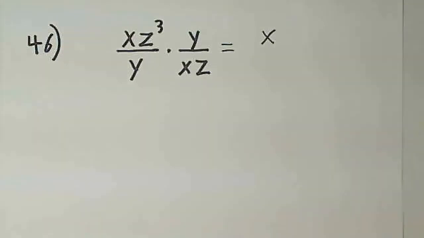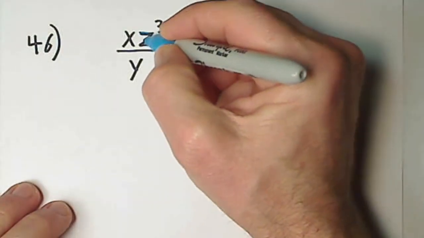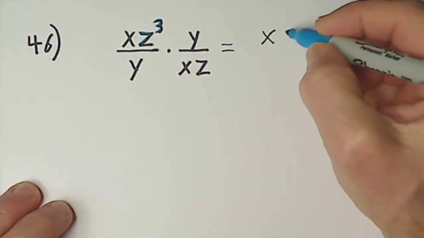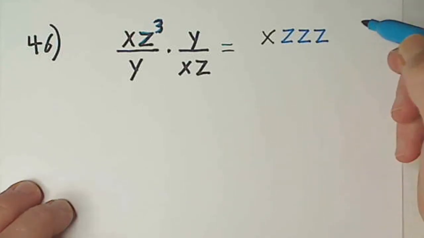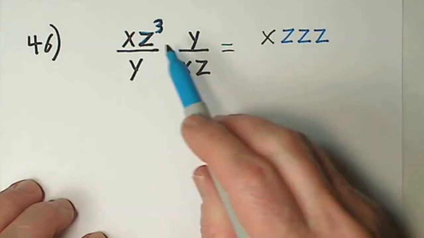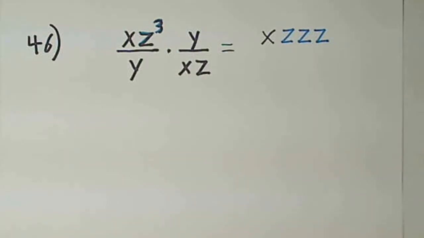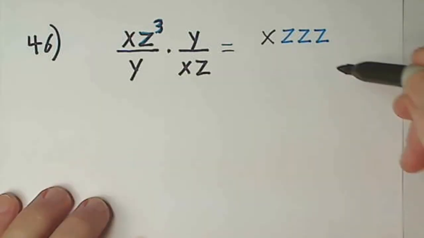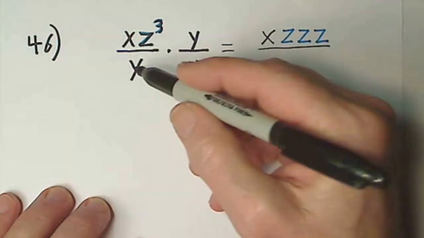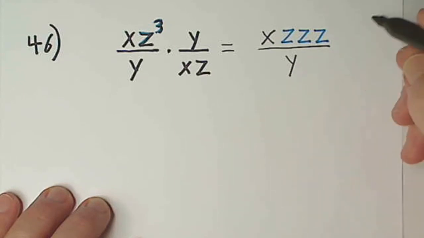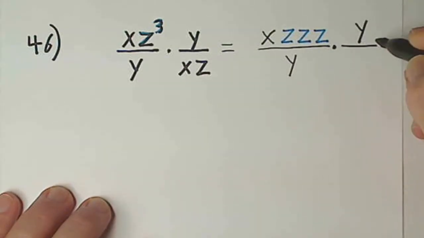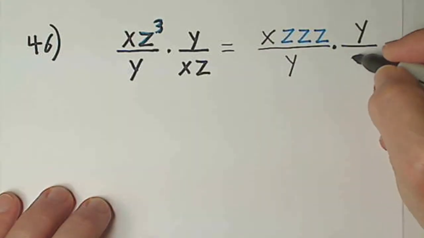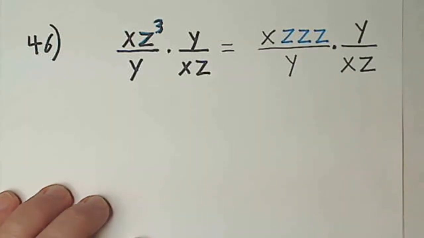Here's that x. Z to the third is z times z times z. So all I did was rewrite z to the third. I don't know if that blue is showing up. And this is all over a y, times y on top, and x times z on the bottom.